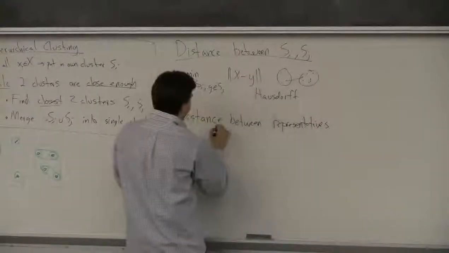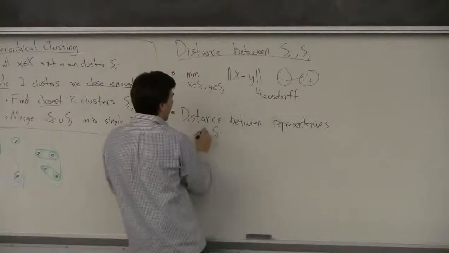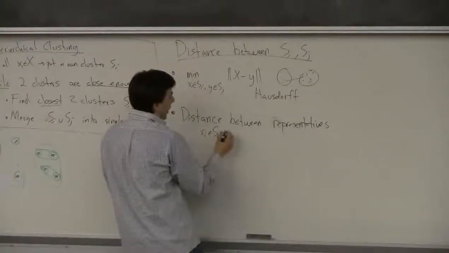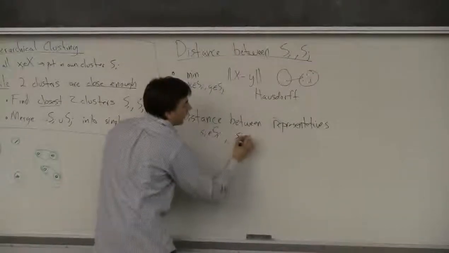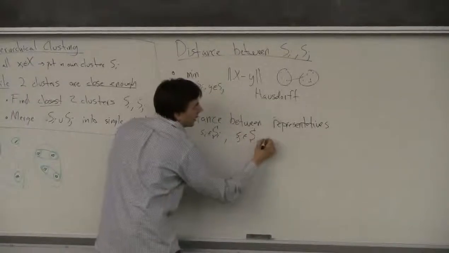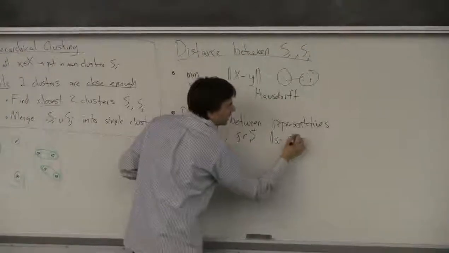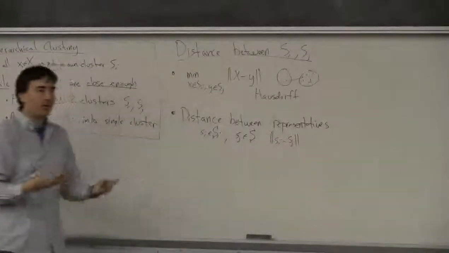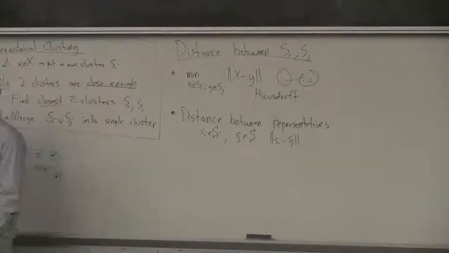So you have some small Si in big Si, and some small sj in big Sj, and you look at the distance between Si and Sj, because both these are now points, or individual things. The individual things you start with are not necessarily points.